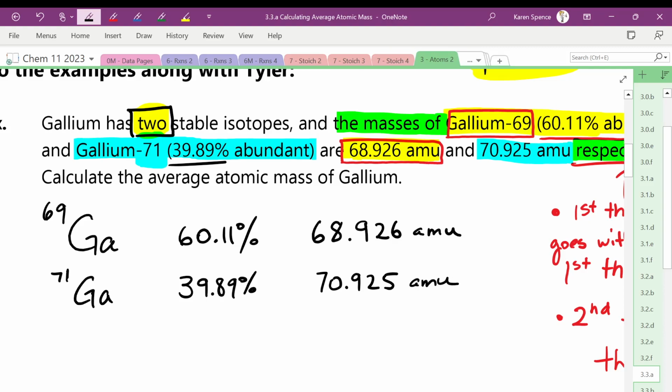AMU. Now, if you're like me, you're probably saying, I look at 69 and then I look at 68.926 and I say, those are not the same number. Those are slightly different. Yes? And I look at 71 and I look at 70.925 and I say, oh, that is also slightly different. I believe that the reason is that when protons and neutrons combine in the nucleus, some mass is changed into energy.